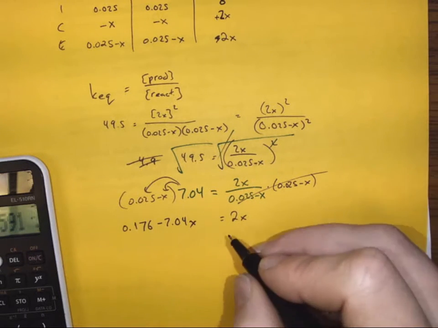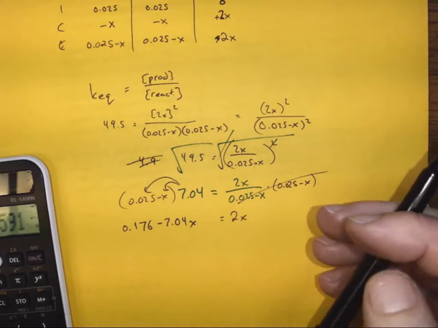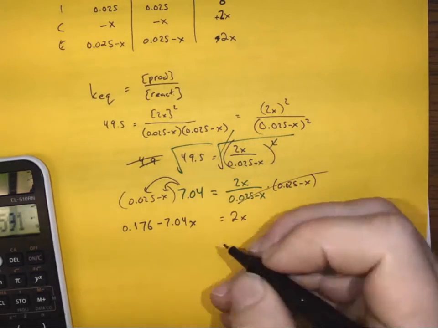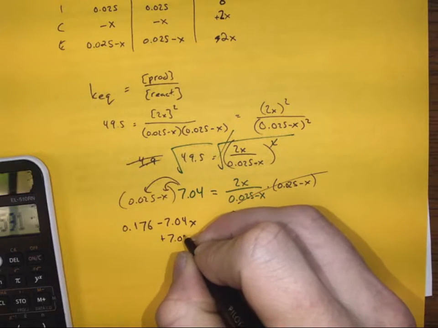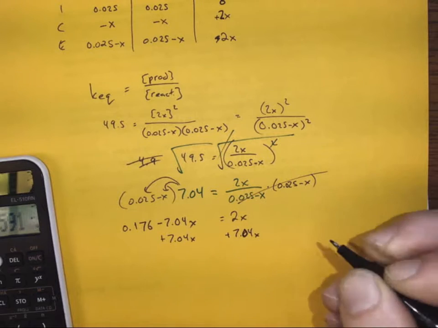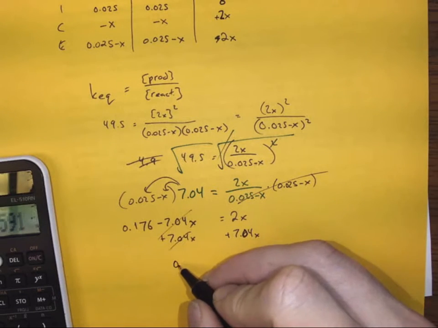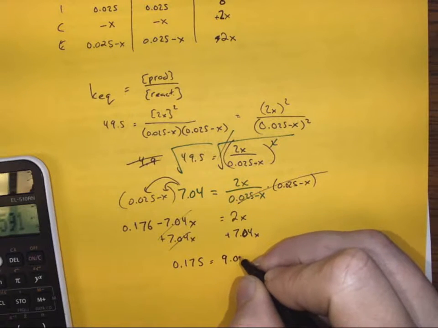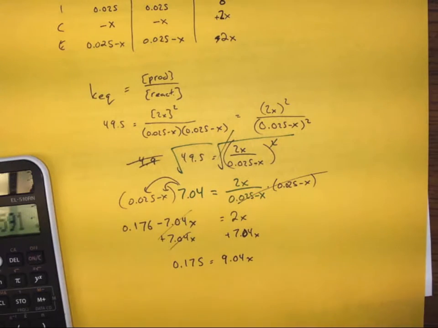take away 7.04X, that's equal to 2X. All right, then I guess I want to get all my X's on the same side, so I'm going to add 7.04X to both sides. And that gives me 0.176 is equal to 9.04X.